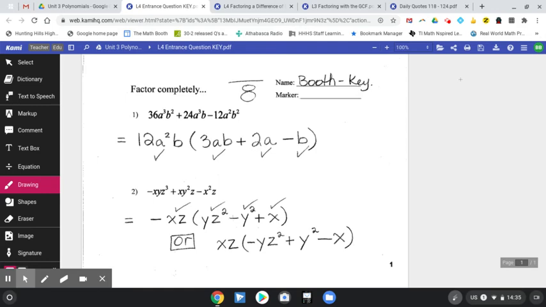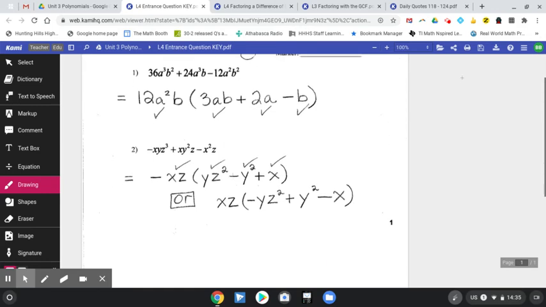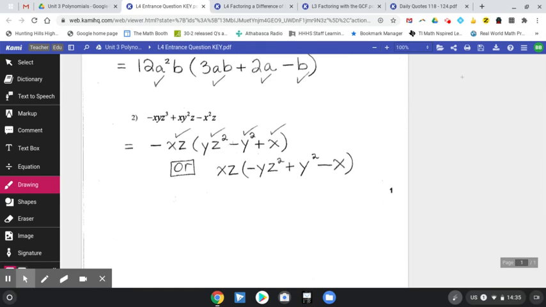And same process here for number 2. So take a look at number 2. Because my first term is negative, the best way to do this factoring is to factor out a negative. So my common factor, I'll use a negative. And then remember to be very careful on your signs in the bracket. So when you distribute the negative, you do end up with the correct signs matching the original trinomial.